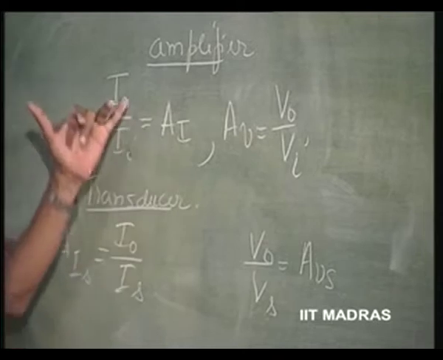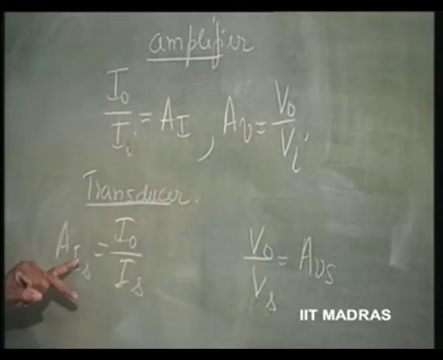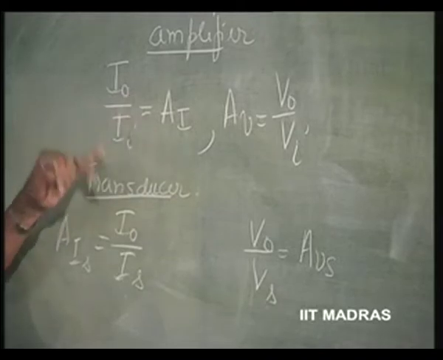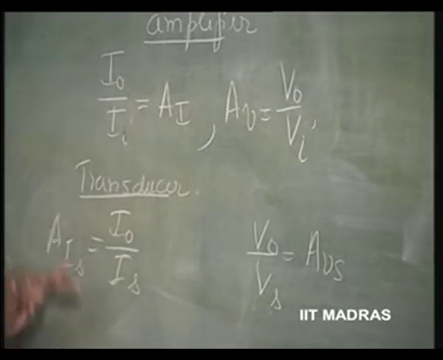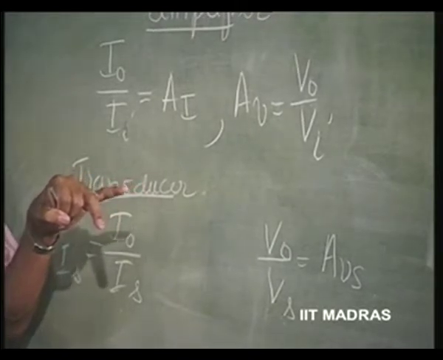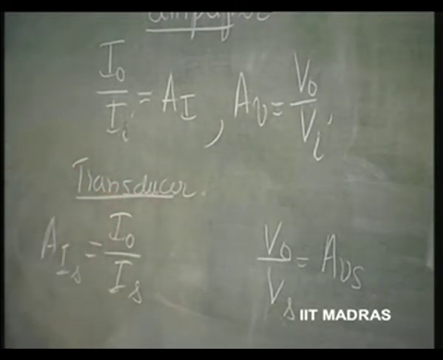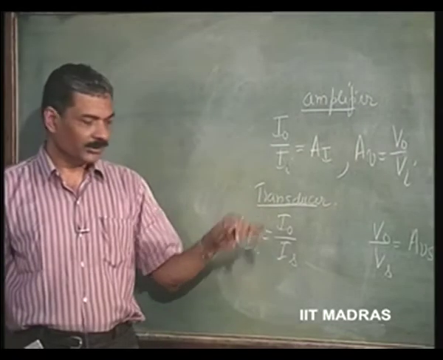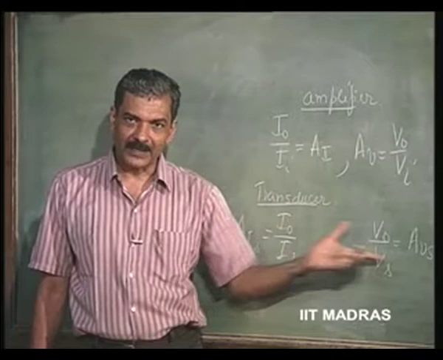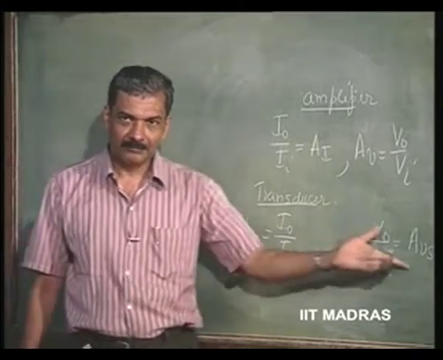The same is the case for current: AIS is going to be greater than AI by the factor Rs divided by Rs plus Ri. There is no difference in the factor; the factor is the same.